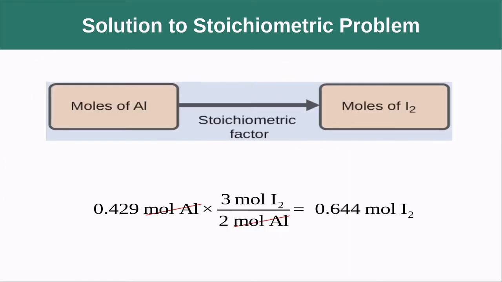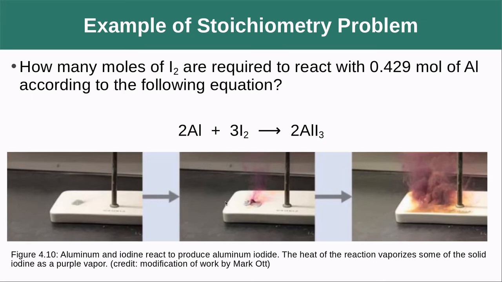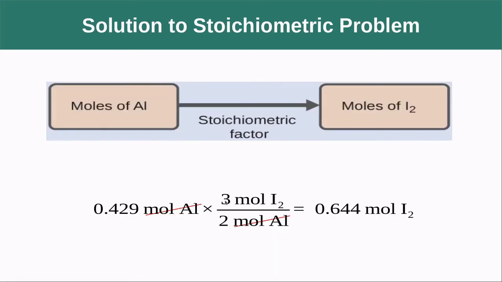So our stoichiometric factor here, if we're given the moles of aluminum from the problem, then we know that there are 3 moles required to react with every 2 moles of the aluminum. We get our conversion factor here, and we see that we need 0.644 moles of iodine in order to react.